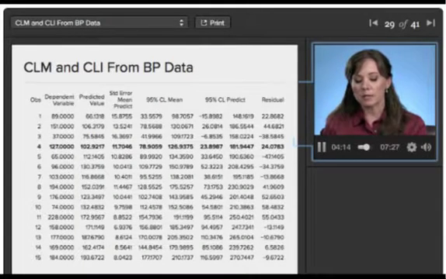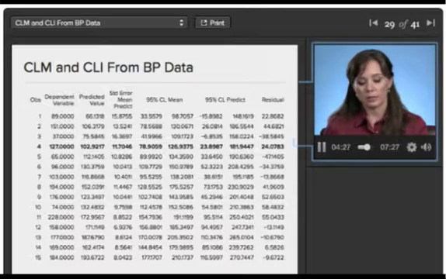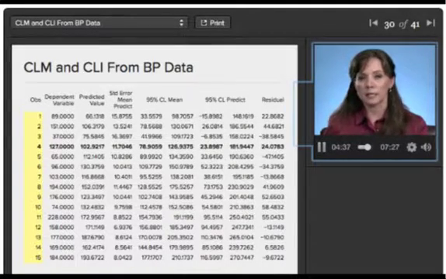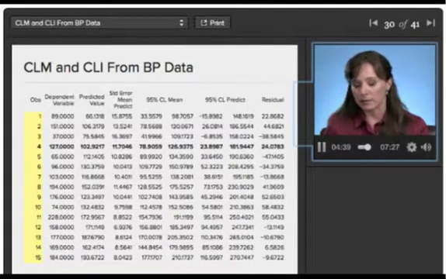So here's an example of some output of prediction limits from SAS. CLM and CLI. The CLM is the confidence limit for the mean, and CLI would be the prediction limits for an individual value. That's what SAS calls those things. This is just for the first 15 observations from the blood pressure data set. This is a little simpler data set, but SAS can handle any number of explanatory variables.